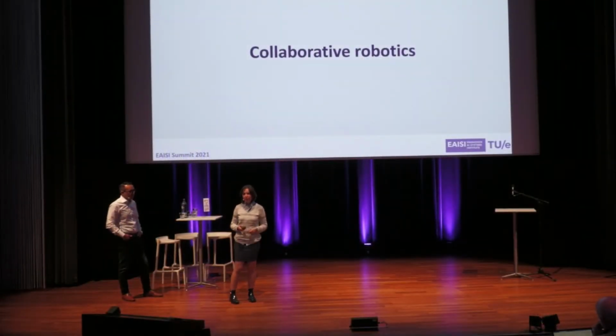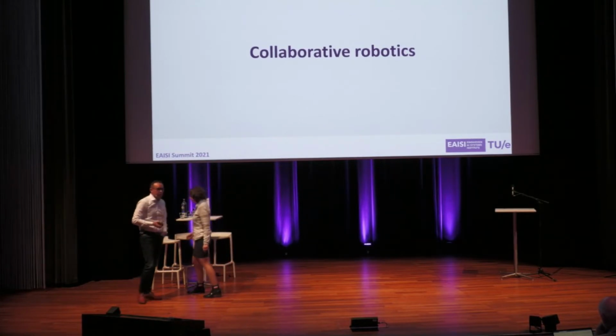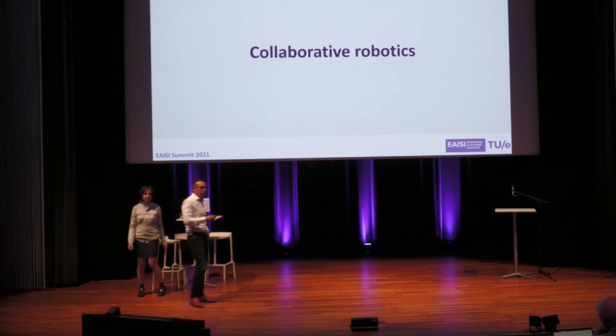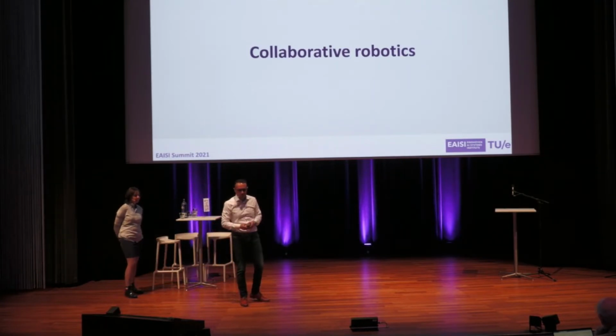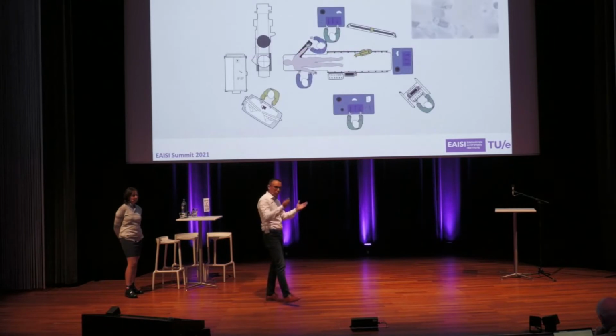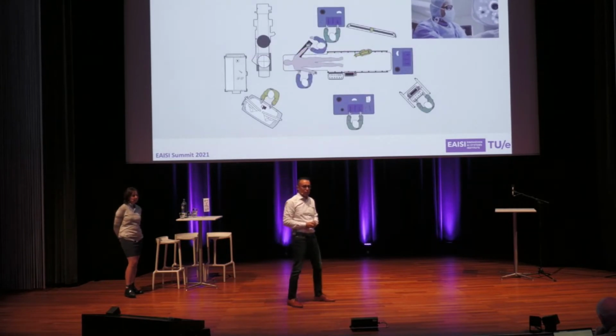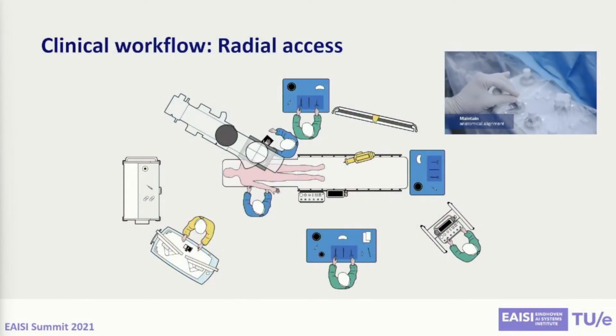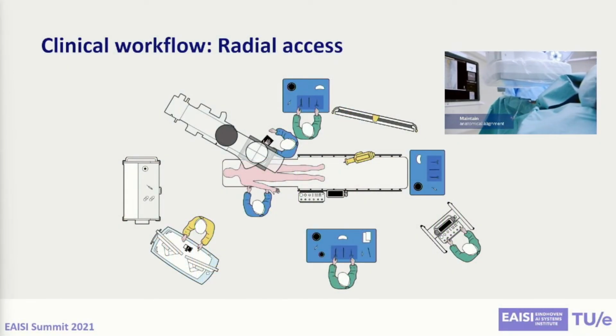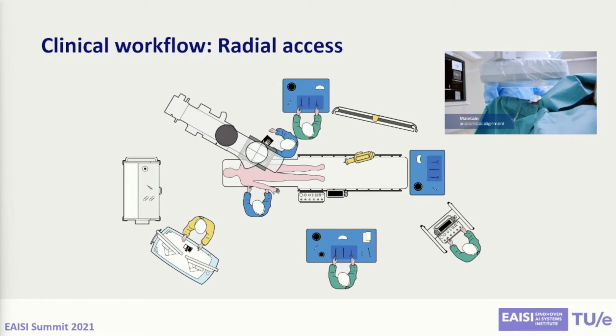Let's go one step further and understand the role of collaborative robotics. So far, we have talked only about bringing the robot from the parking position to the starting position. We still have a full procedure to cover. So indeed, now the robot is already in, so we brought it from the park to the arm, but now it's time to continue with the procedure.